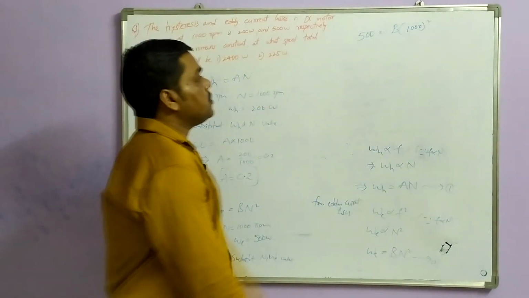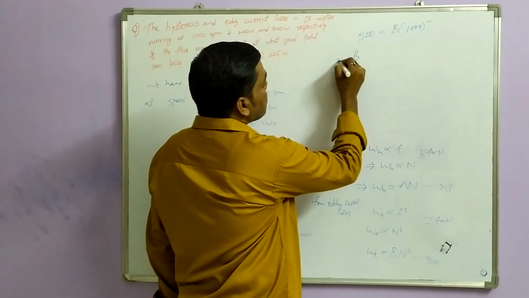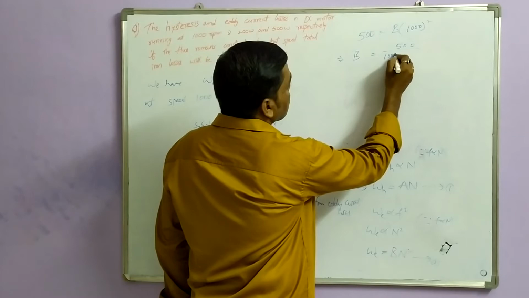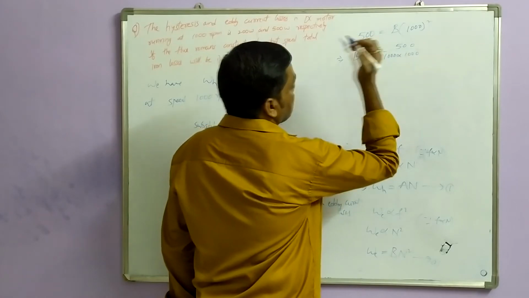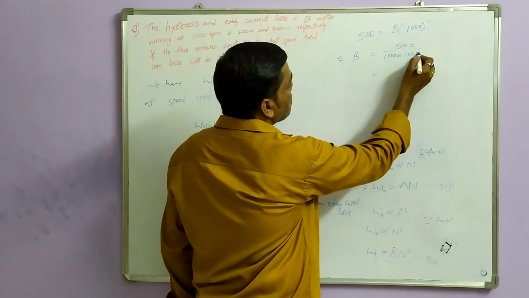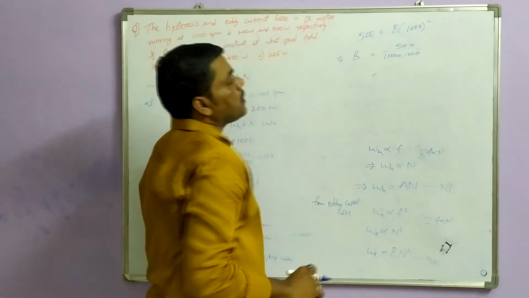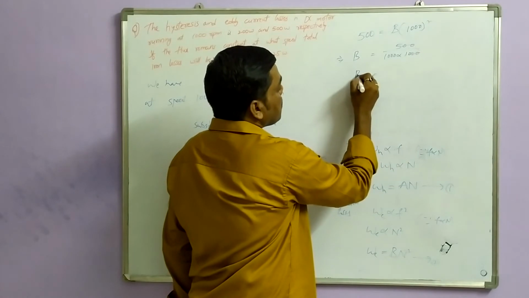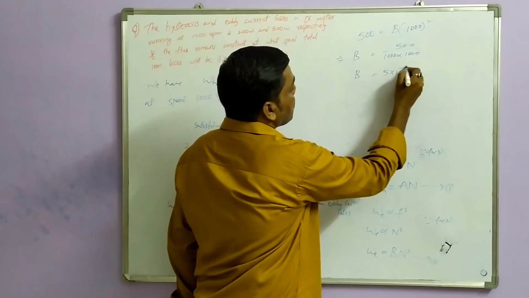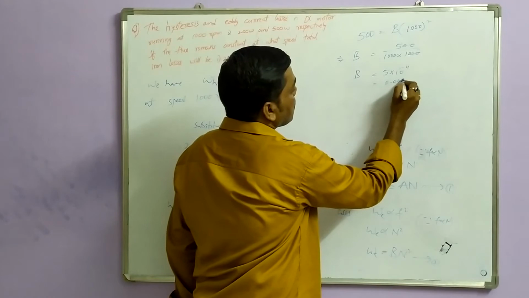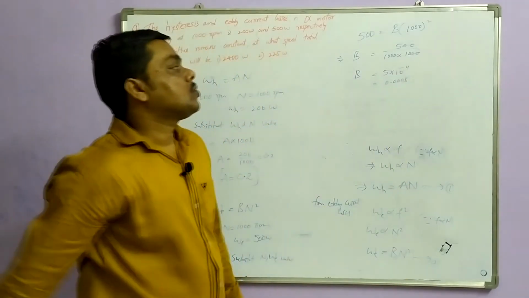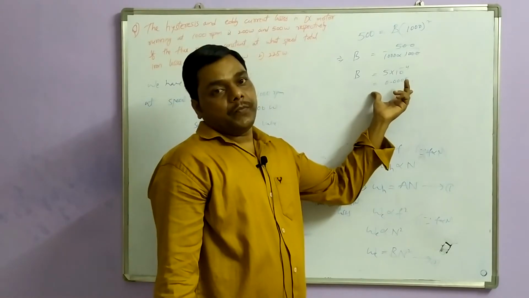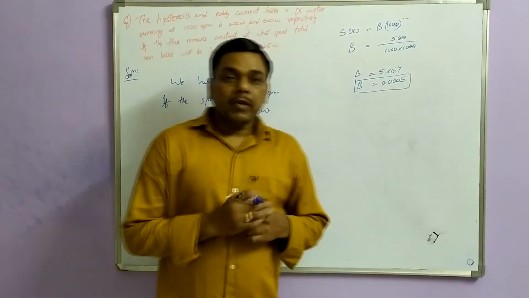So B is equal to 500 by 1000 into 1000. You will get almost 4 zeros, so B is equal to 5 into 10 to the power of minus 4, nothing but 0.005.